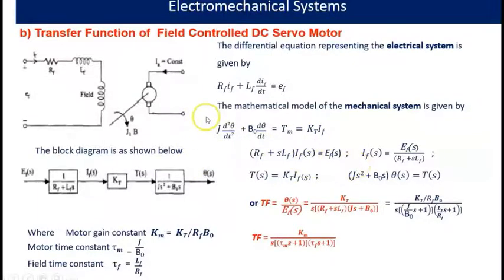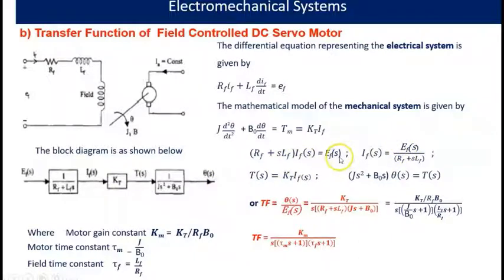Now take the Laplace transform of these two equations. (RF plus LF S) into IF(S), applying differentiation there, is equal to EF(S). Similarly, take the Laplace transform of all equations. Then draw the block diagram. Input is field voltage EF(S) and output is theta(S).